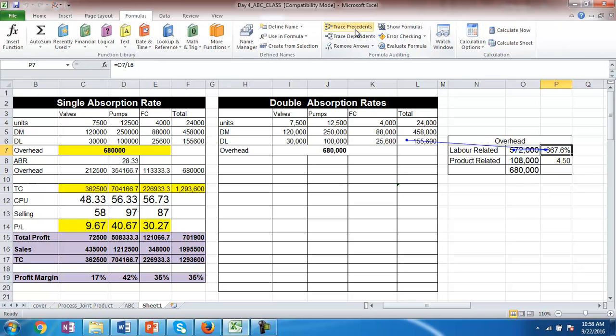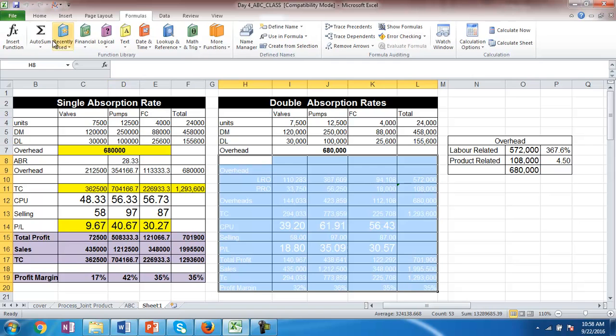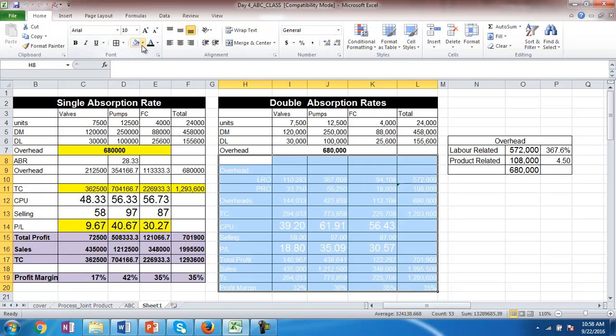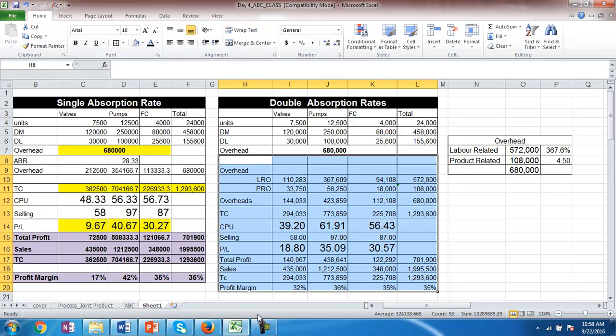So one is absorption rate based on labor, the other is the absorption rate based on the volume of output. And using this we calculate the cost and profit, and the cost and profit gives us a different picture now.